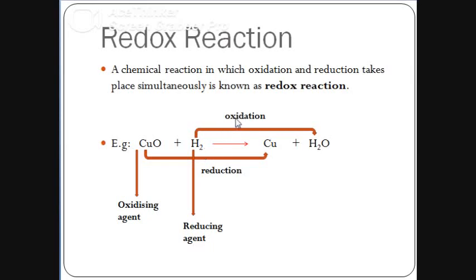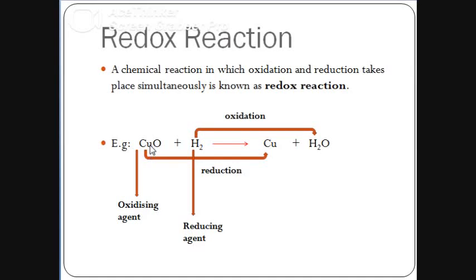Now who is reduced? Here oxygen is being removed from copper, so it is not copper which is being reduced, it is copper oxide which is reduced. So reduction relates to copper oxide being converted to copper, as oxygen is removed from it. Now the oxidizing agent is the one which gets reduced itself to oxidize others.